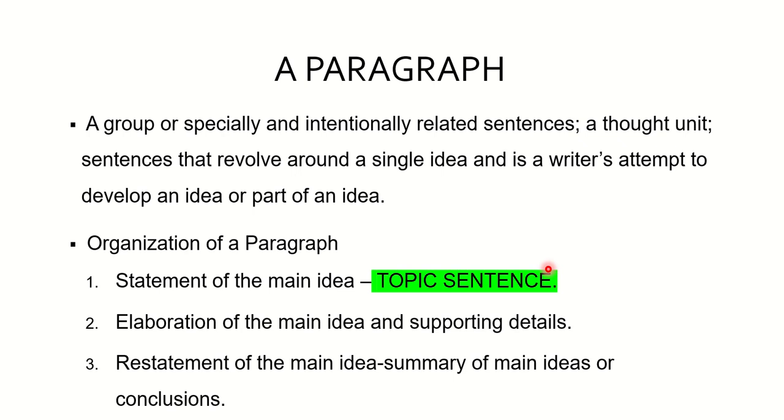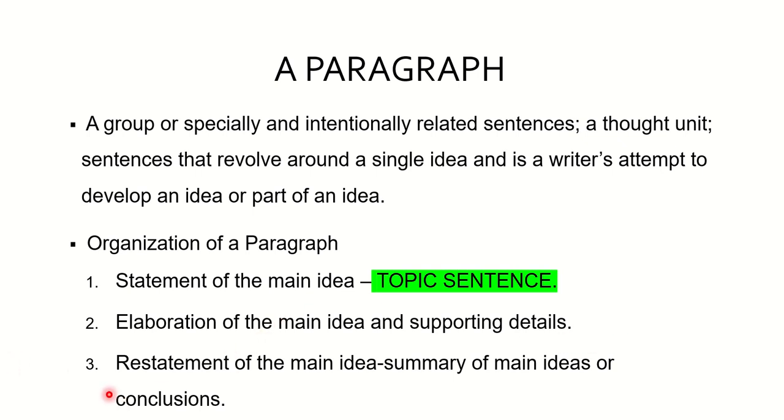And number two, the second part of a paragraph is the elaboration of the main idea as well as supporting details, meaning that we are going to have more than one sentence for the elaboration of the main idea.